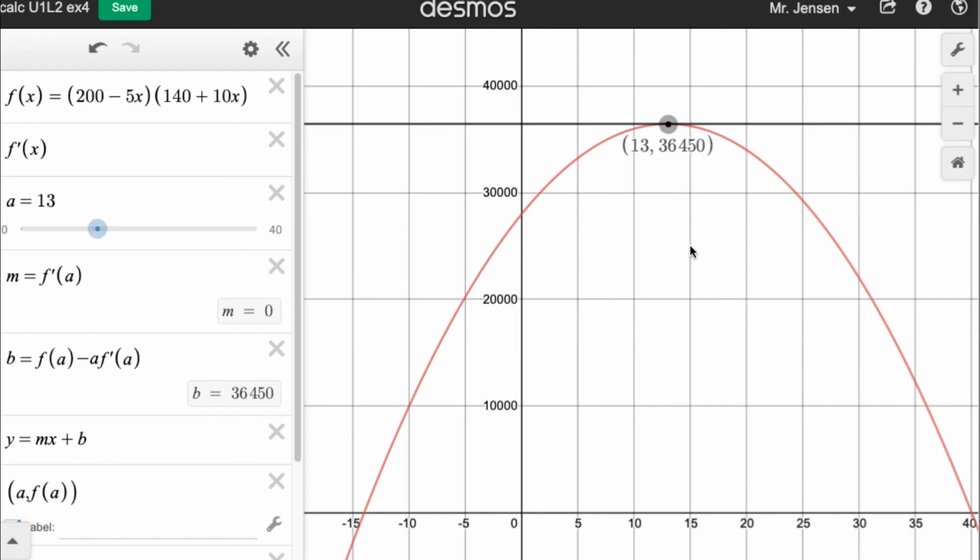But for now, just notice that this revenue function is a parabola that opens down. So we know that if we can figure out where the tangent is 0, that means we're at the max point. We're at the point where the revenue is at the highest it can get. So setting the derivative to 0 and solving figures out the x value that would bring us to a max revenue.